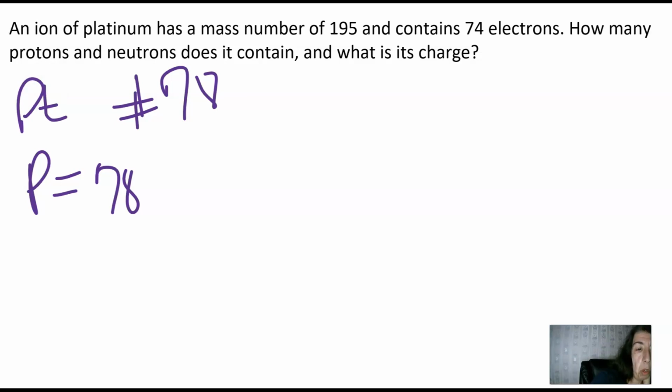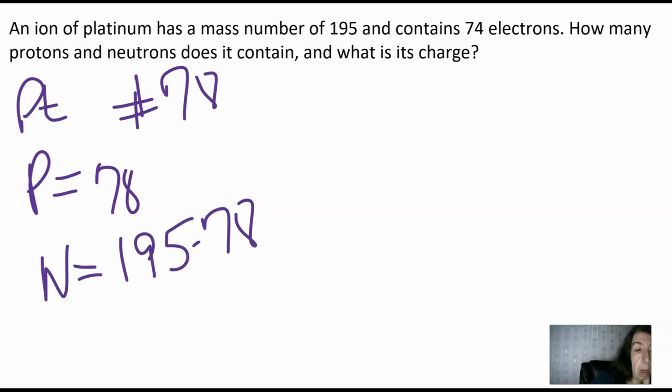The mass number is 195, so that means the number of neutrons is equal to 195 minus 78, and that is the number of neutrons. And I'll let you subtract that. But it says it has 74 electrons, so it should have 78, but it only has 74.